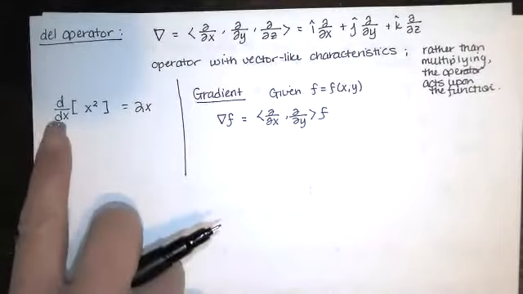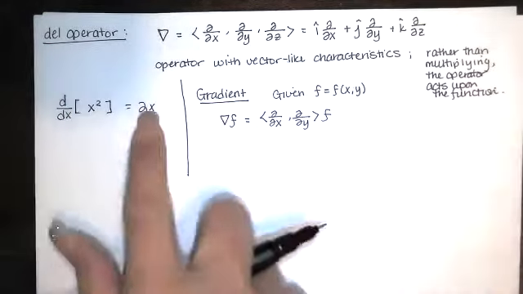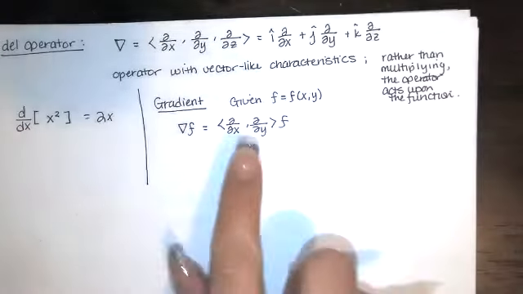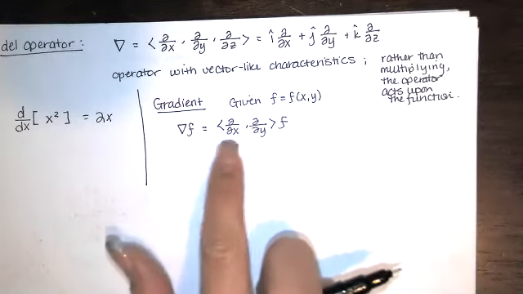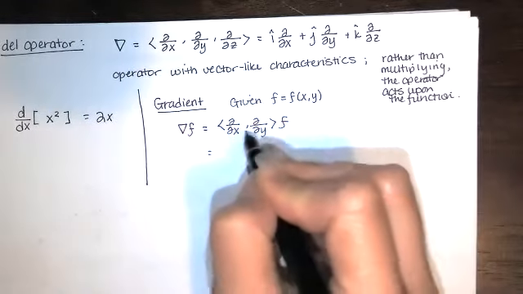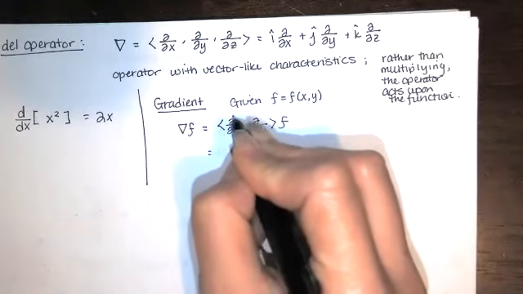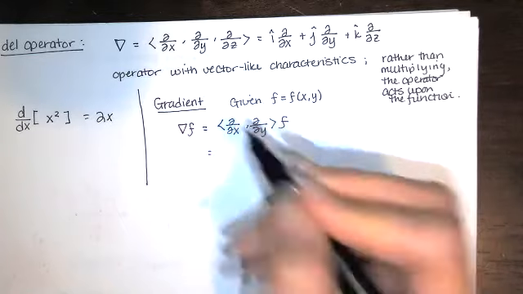We said, operate on x squared. Take the derivative with respect to x of x squared. That's going to give me 2x. So I'm going to treat it like vector multiplication, like taking a vector and multiplying it by a scalar. But everywhere that I would typically have multiplication, I'm going to take the partial of f with respect to whatever operator is there.